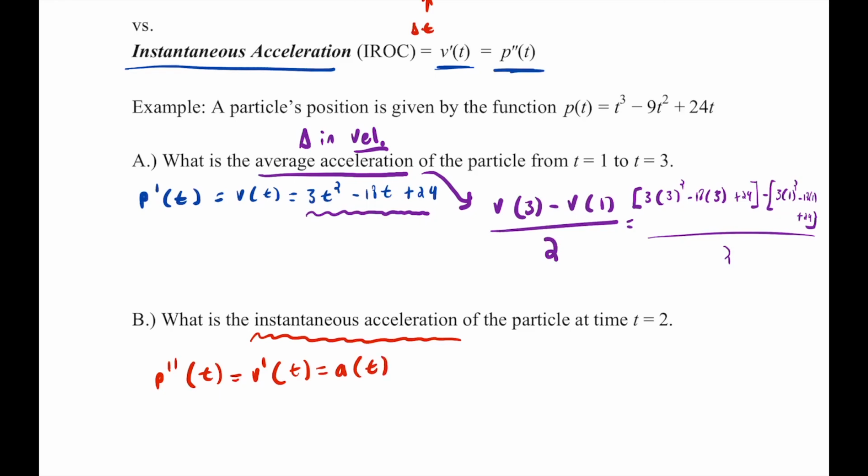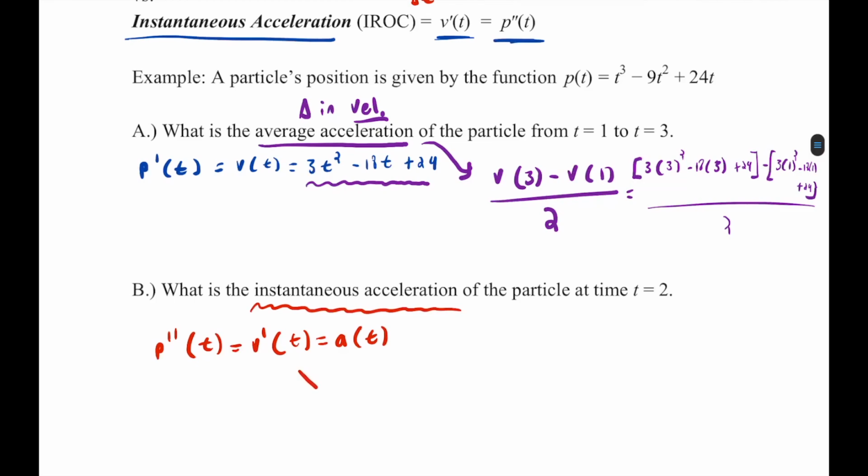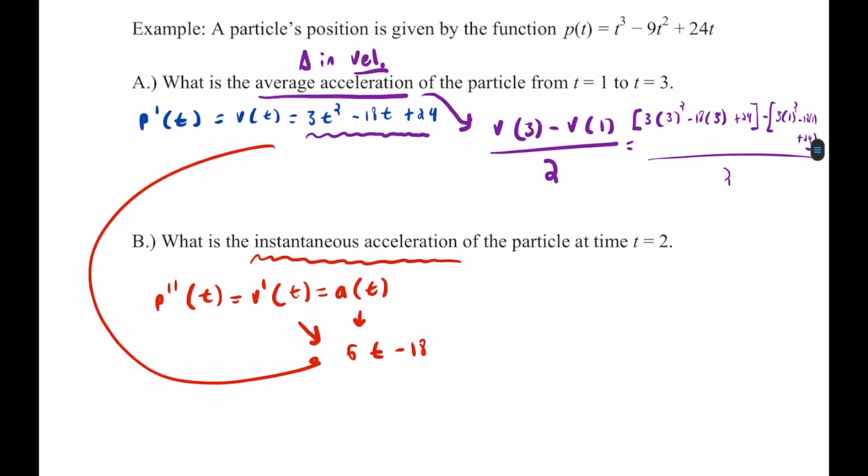And so this would be the derivative of velocity, which would be acceleration, using the power rule again, would be 6t minus 18. And so the acceleration at time 2 would be 6 times 2 minus 18. The acceleration at time 2 would be 12 minus 18, or would be negative 6. So your acceleration at that point in time would be negative.